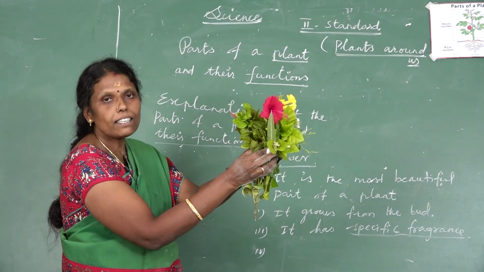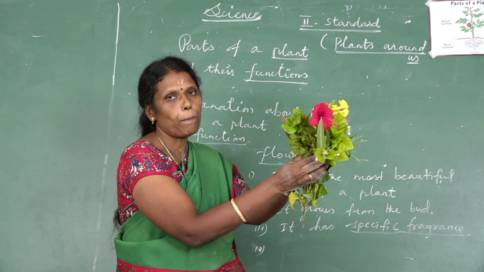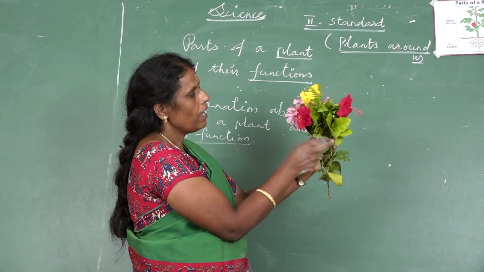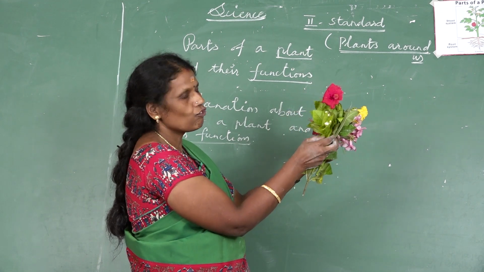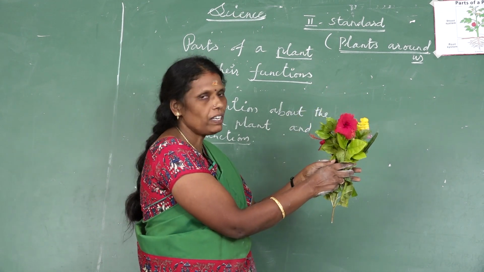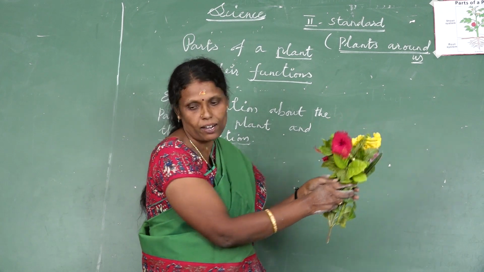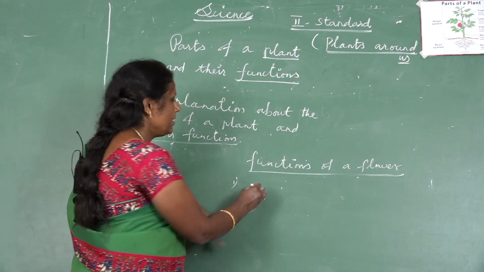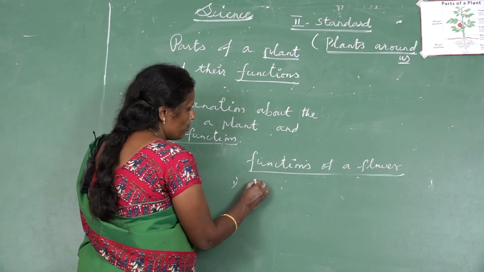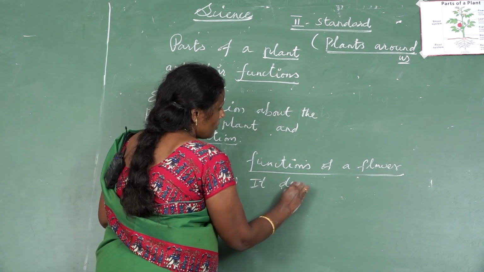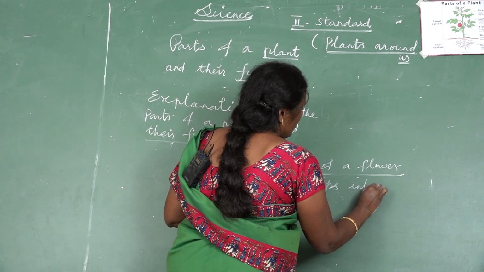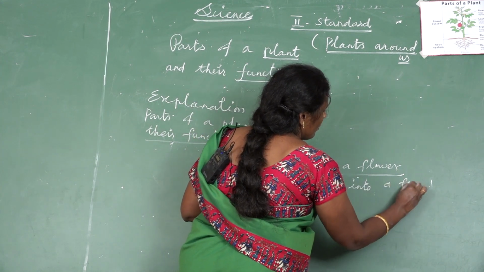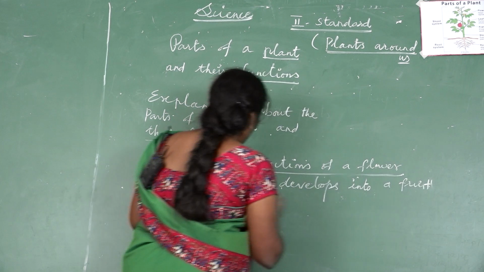They attract insects and birds for pollination. Examples: hibiscus, sunflower, oleander and jasmine. We will now see the functions of a flower. It develops into a fruit.